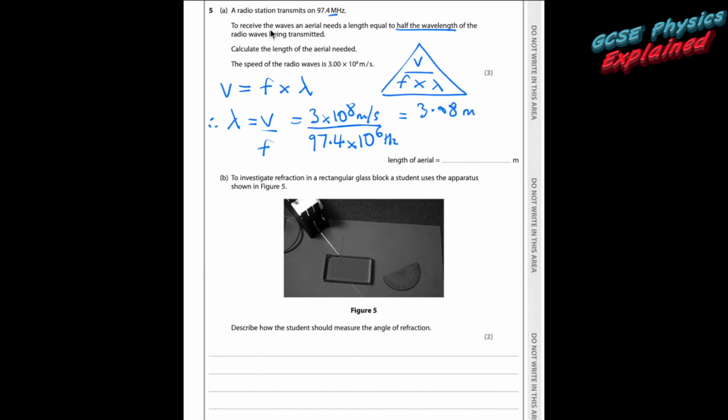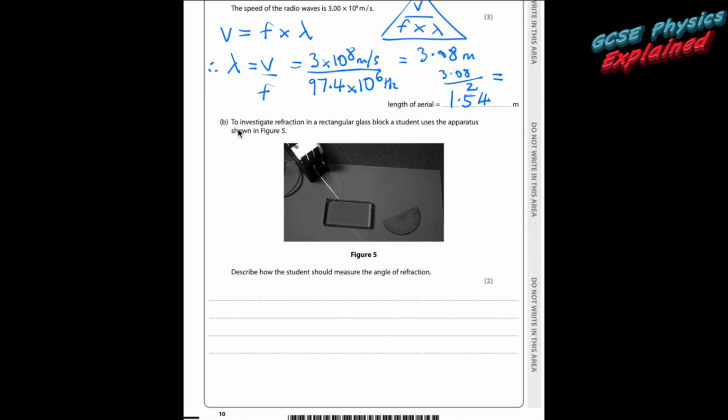Now it says that the aerial needs to be half the wavelength. So if we take that and divide it by 2, that'll give us our answer. So that is 1.54 meters.